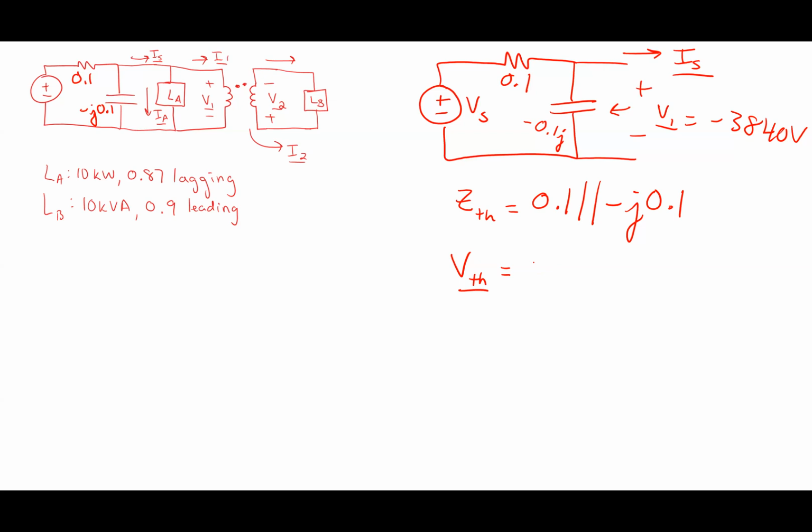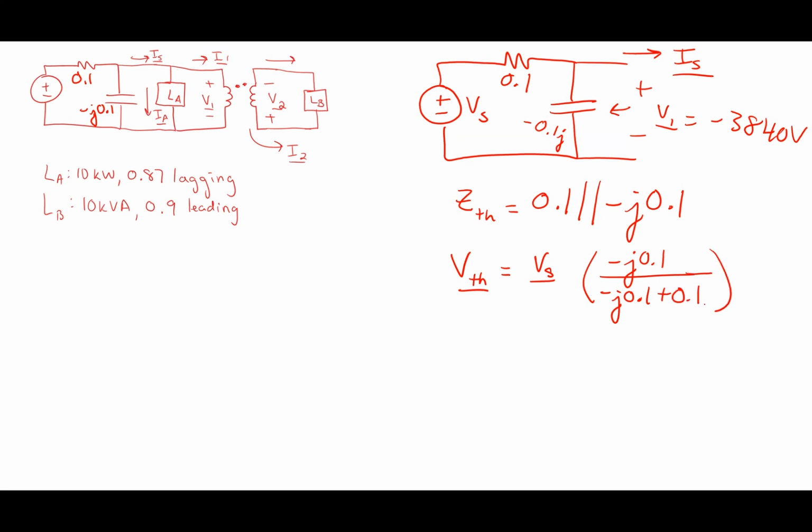Looking at that network, how do I figure out V Thevenin? What is that combination of things there, that voltage source, that resistor, and that capacitor? It's a voltage divider, isn't it? So how would I write the relationship? Vs times negative J 0.1 divided by negative J 0.1 plus 0.1.